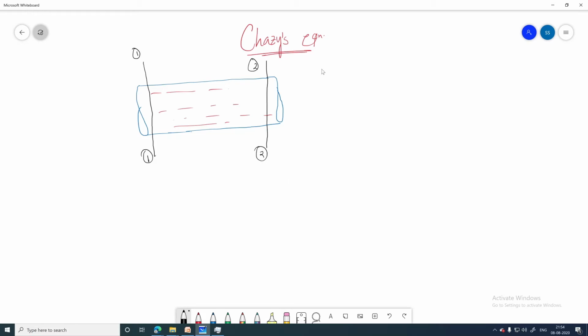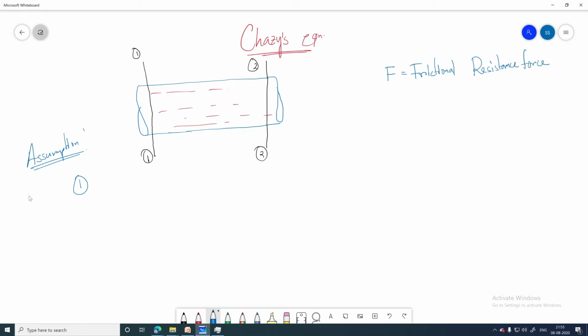Okay, so before applying Bernoulli's principle, the most important thing is that we need to see the assumptions, because if we don't consider the assumptions, we can't apply Bernoulli's equation. So what are the assumptions? The first assumption is about the frictional resistance force.